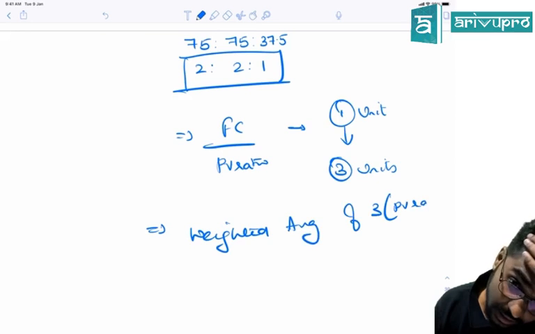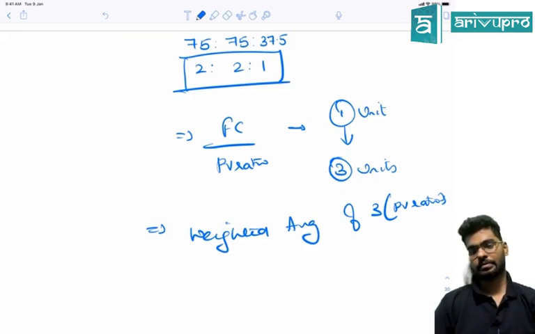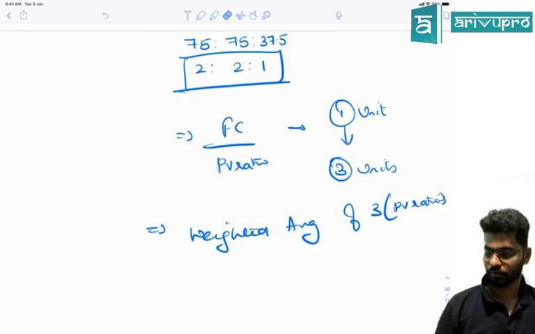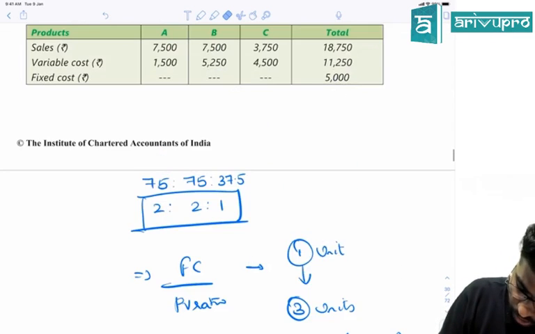Are you clear, Priyanka? Guys, are you all clear? Right? So once I find the PV ratio, that was here 6000, here 2250, here it was minus 750, divided by the sale 7500.